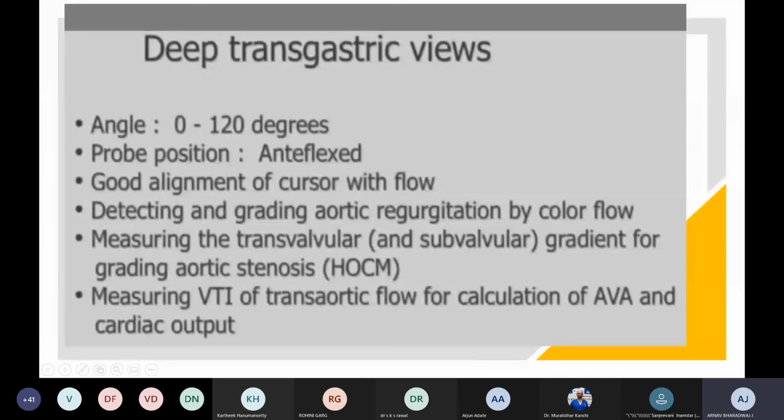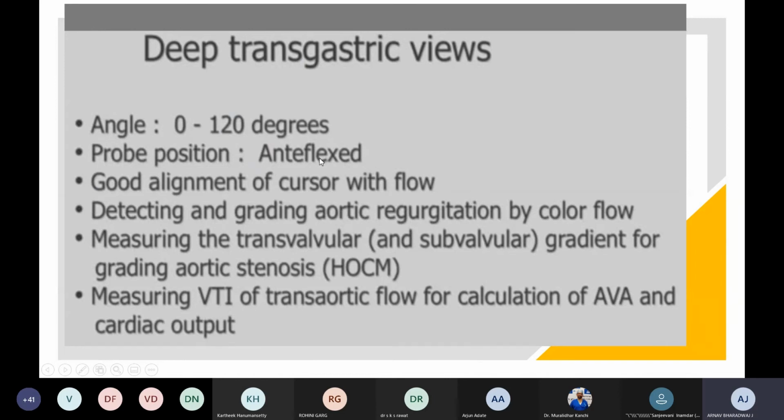Now come to the other two views, that is the deep transgastric views. This is obtained by advancing the probe into the stomach, anti-flexing, and slowly withdrawing the probe. We see two views here, one at 0 degrees or 0 to 20 degrees and another at 120 to 140 degrees.